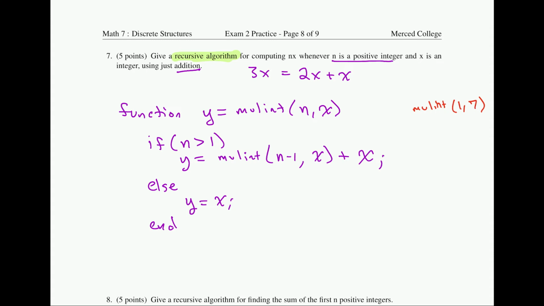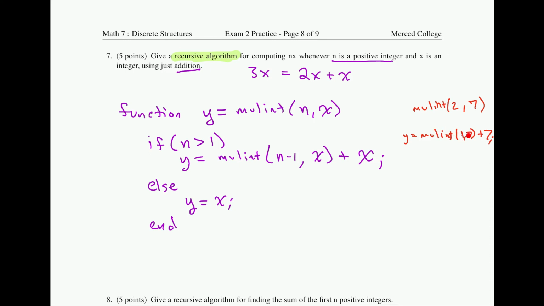But if you put a 2 here, for example, then the first time through here, it would check if n is greater than 1. It is. So y is equal to mul int n minus 1, so it would basically do y equals mul int 1, 7 plus 7. And when you do mul int 1 comma 7, this is going to return 7, right?